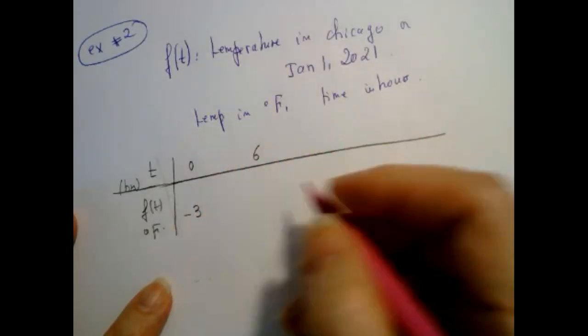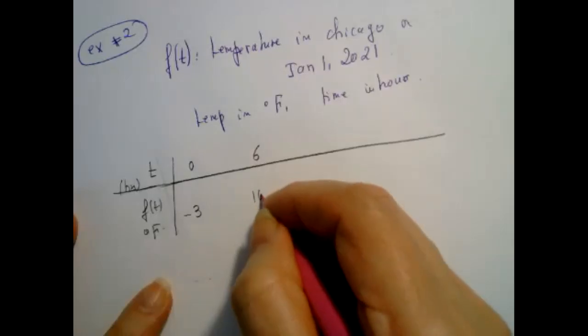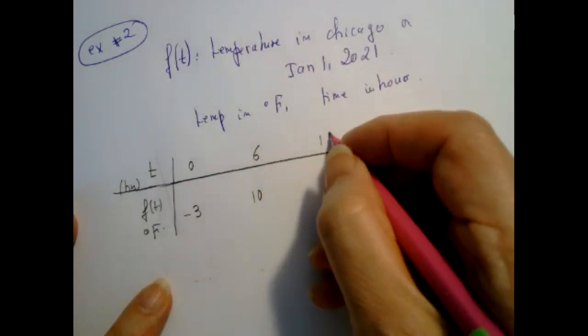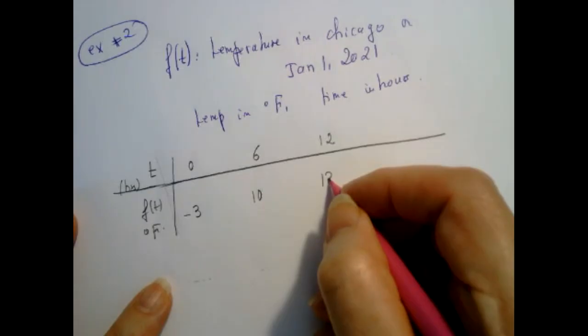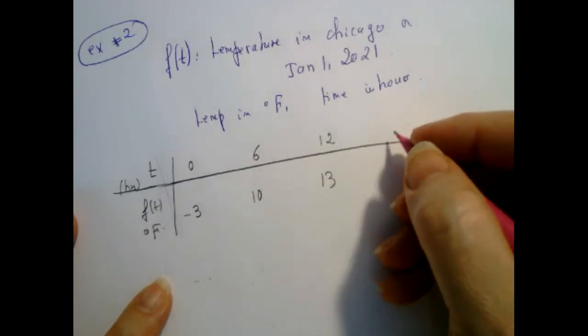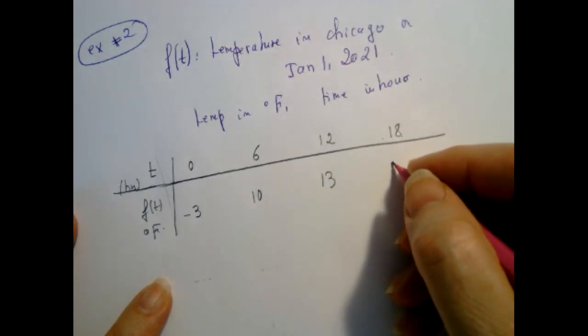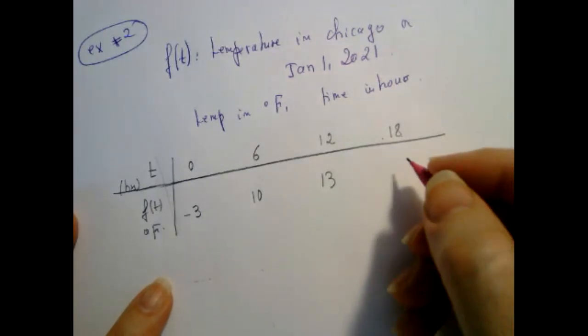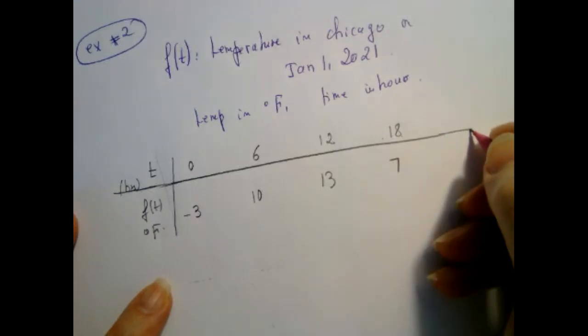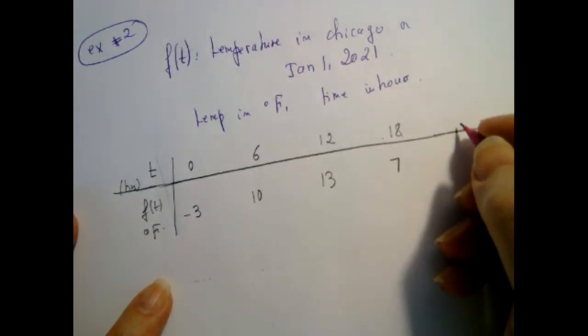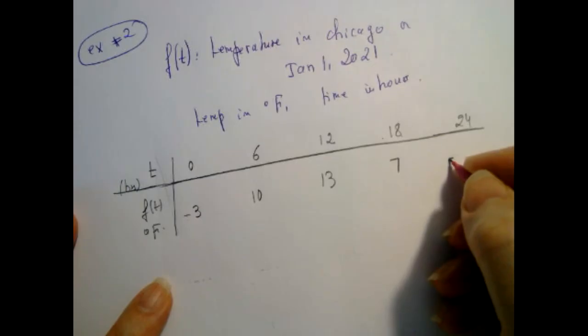At 6 o'clock in the morning, I'm just making up those numbers, trying to make up good numbers, 13. And at 6 in the evening, which means 18, suppose it's 7. And finally, at 24 it's -3.